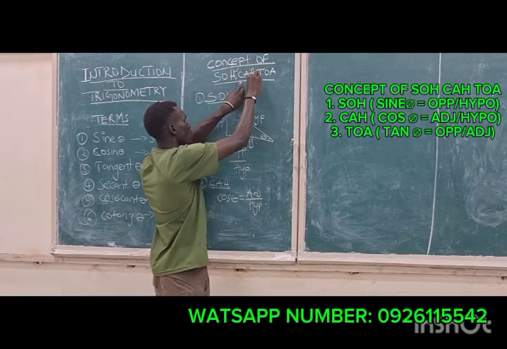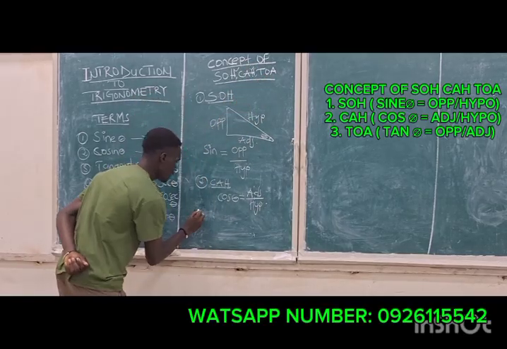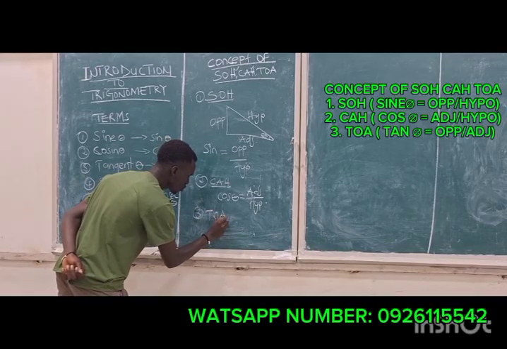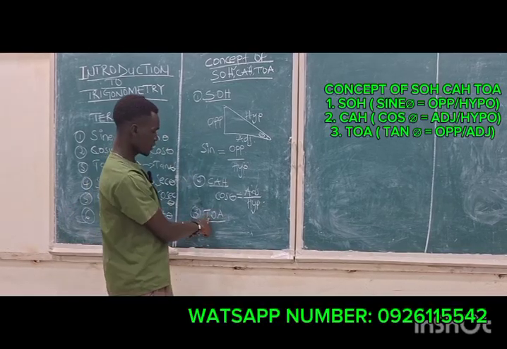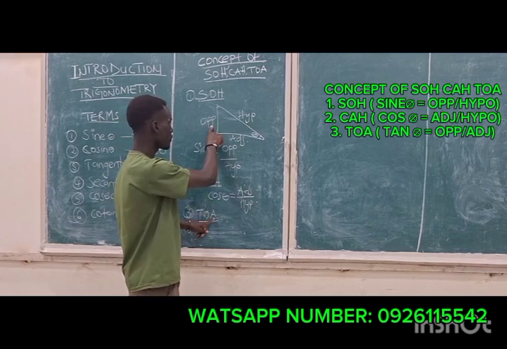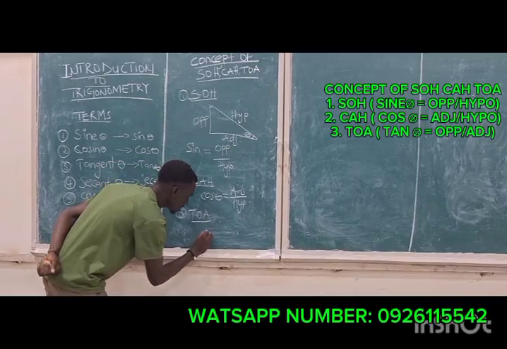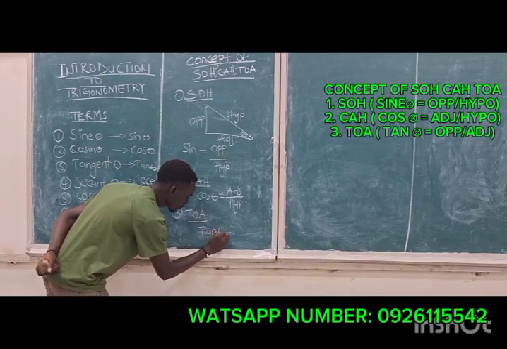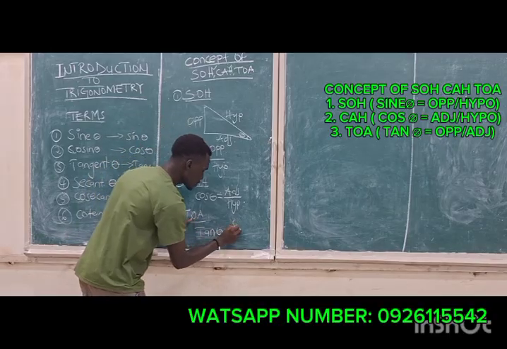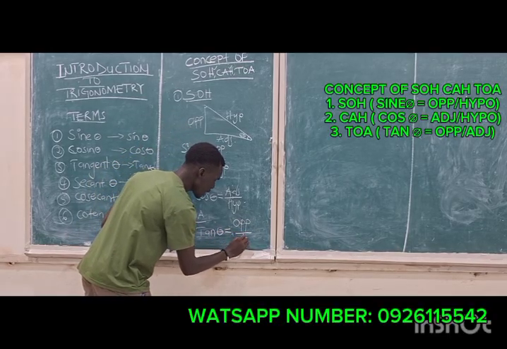We are also done with this. Finally, we are going to the third one, which is TOA. This T here stands for the tangent, O here stands for the opposite, and A stands for the adjacent. Therefore, tan theta is equals to opposite all over adjacent.